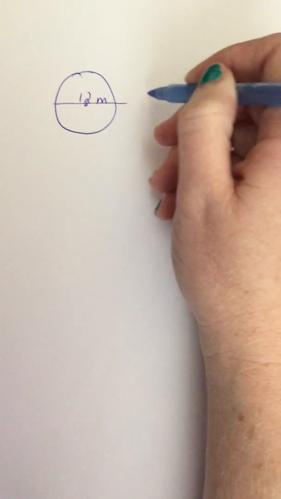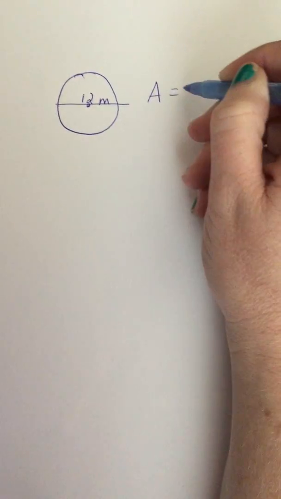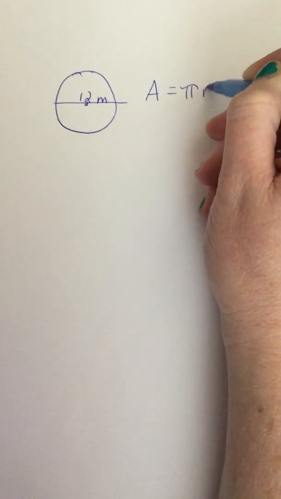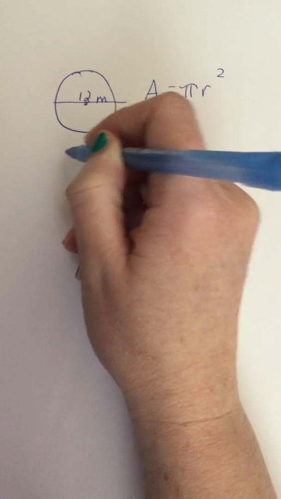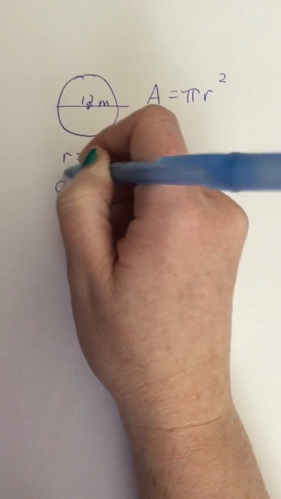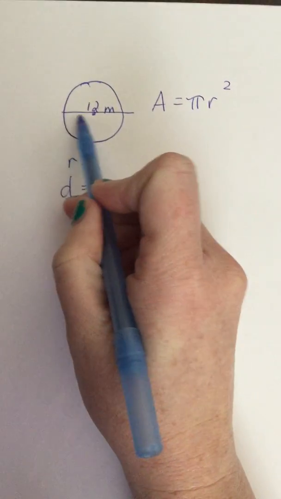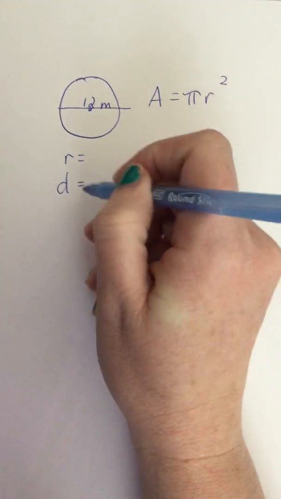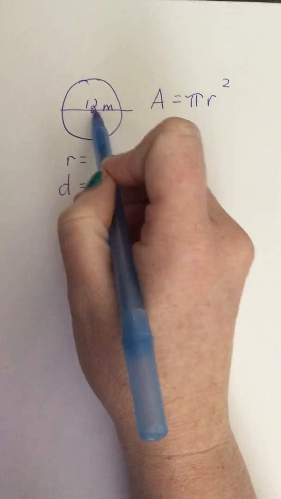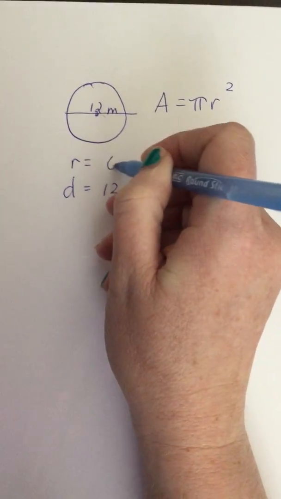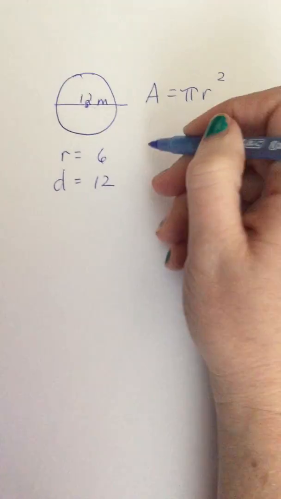All right, so the formula for the area of a circle is area equals pi r squared. Let's write down what we know. We know the radius and we know the diameter. Now they gave you the long length, so that's the diameter. That would be a 12. And so we know that radius is just half of it, which would make it a 6.